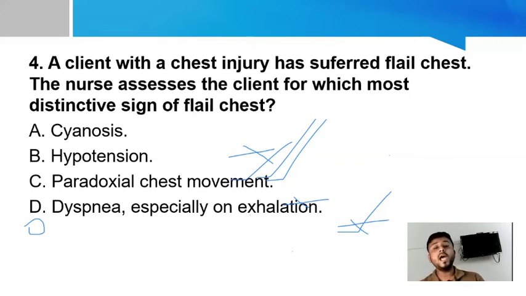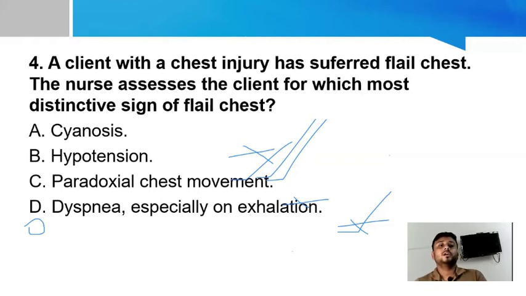In flail chest, the main fracture occurs in the floating ribs. As we know, there are three types of ribs in our chest: true ribs, false ribs, and floating ribs. So mainly the floating ribs get fractured during flail chest.